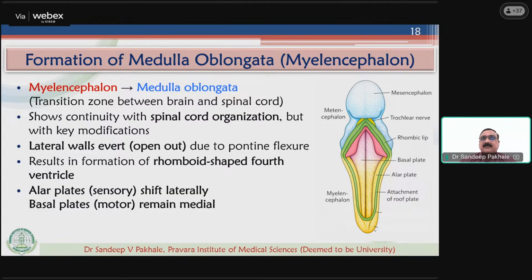Structurally, the hindbrain is organized between the pontine flexure below and the isthmus above. And functionally, it contributes to the vital brainstem and cerebellar components.